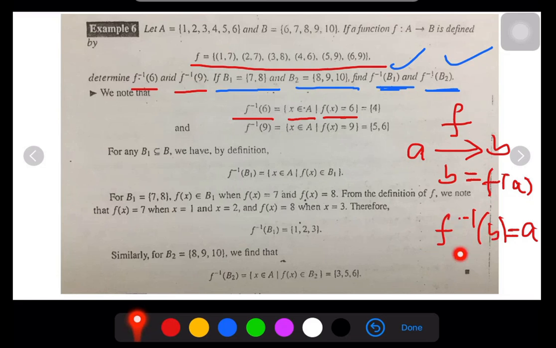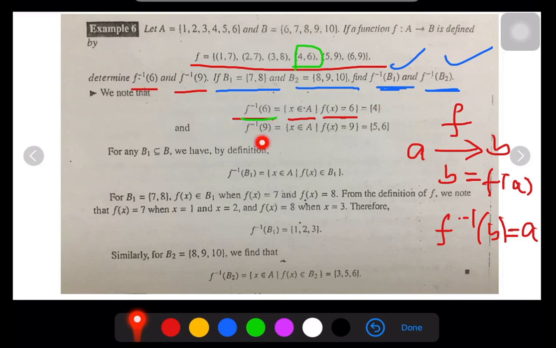So you are trying to find f inverse of B, the pre-image for B. You need to check in the ordered pairs where 6 is in the second position. Look at this: 6 is in the second position and has the pre-image 4. 4 has the image 6, and 6 has the pre-image 4. Therefore, f inverse of 6 can be written as 4.